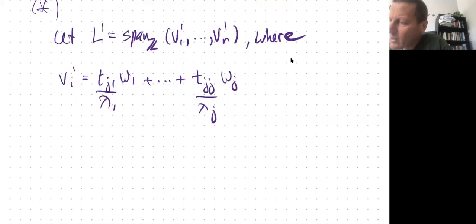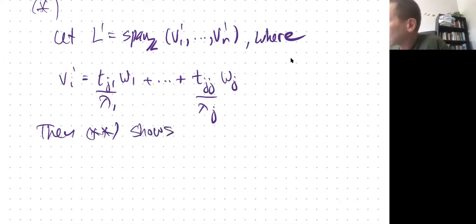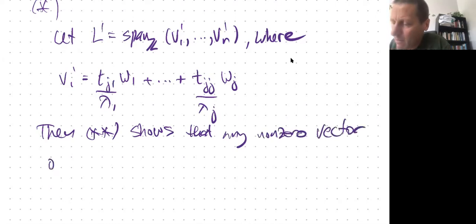So what star now shows me, or double star now shows me, is that any non-zero vector of L prime has length at least 1.